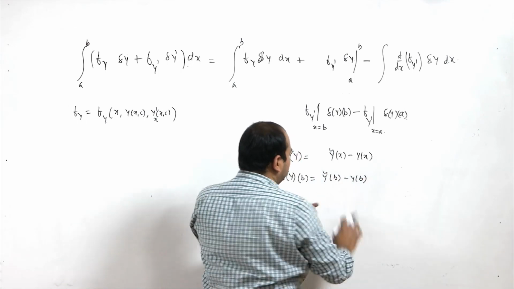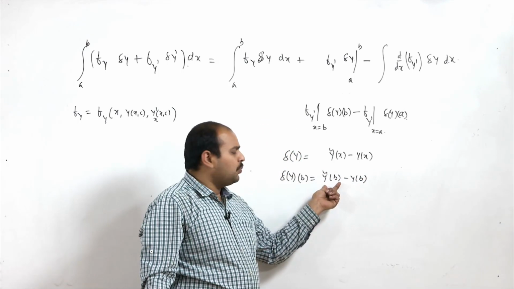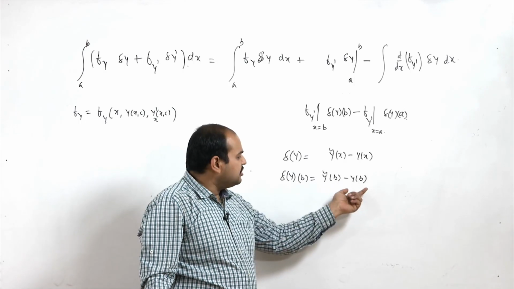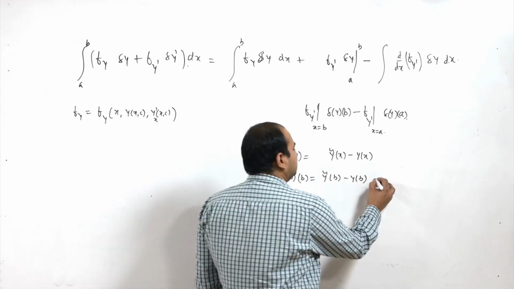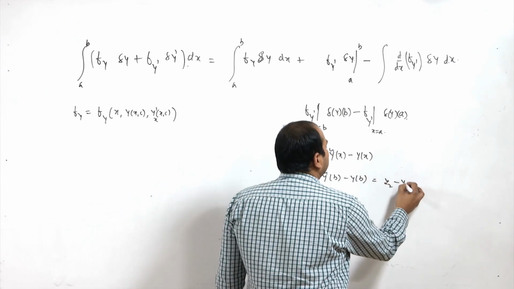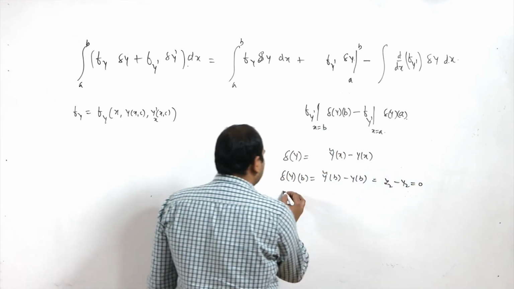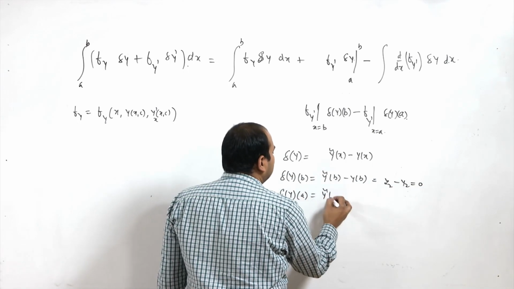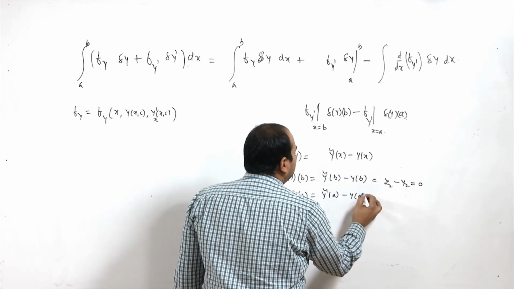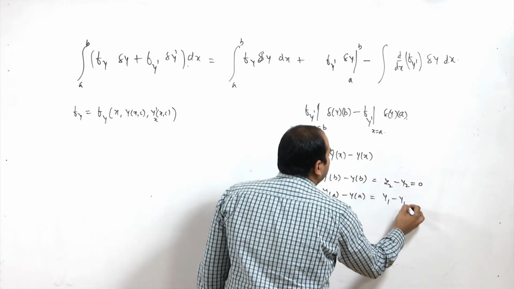Remember that both y and y tilde achieve the same value, satisfying the boundary condition. So we can say that this is nothing but y2 minus y2, which is equal to 0. Similarly, you can calculate that delta y evaluated at a is equal to y tilde of a minus y of a, that is nothing but y1 minus y1, which is equal to 0.